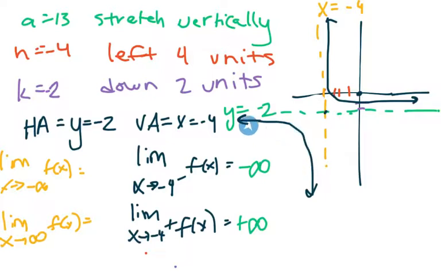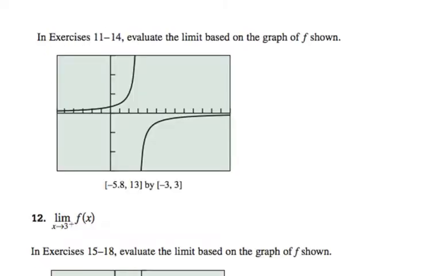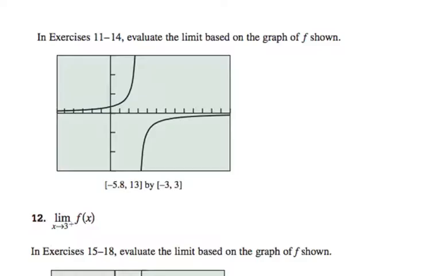As we're going towards negative infinity, what are we approaching? Negative 2. And then the last one, as x approaches positive infinity, the function approaches negative 2. Alright, and then we also have our sketch, so that should be it for that problem.